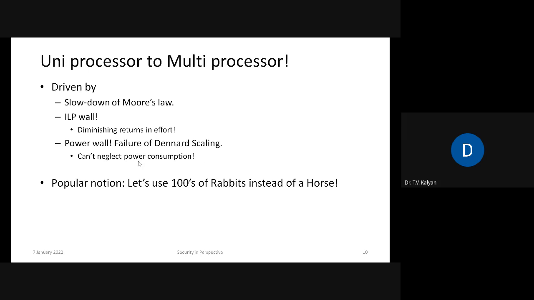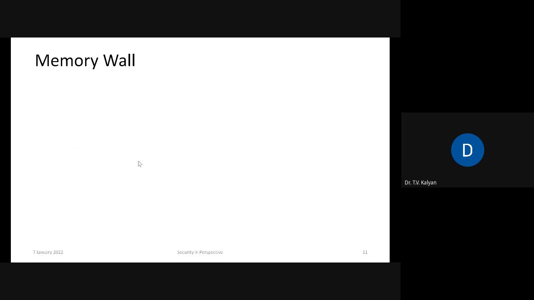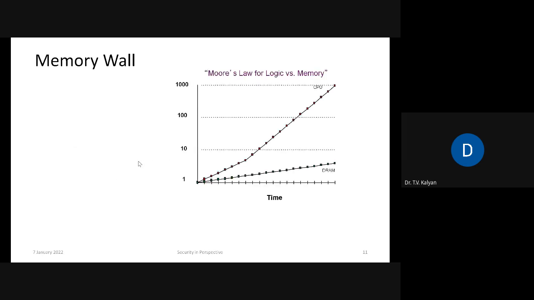So during the mid 2000s, there was a notion that instead of hiring one horse, we will hire hundreds of rabbits to do its work, right? The third wall is the memory wall, right? And it's primarily because the speed at which CPU development was happening was not matching the speed at which DRAM development was happening.